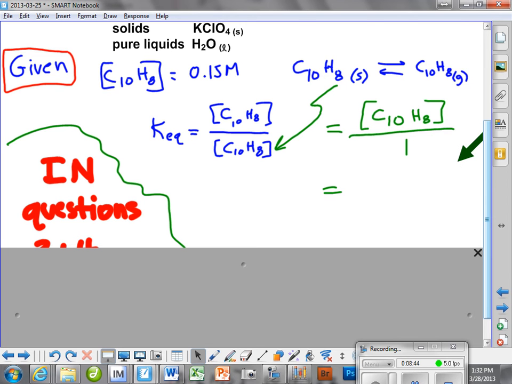So what is the top part of this side going to look like now, Ciara? We plug in the given. What's going to be on top and bottom now? Now we're plugging in the actual value of the molarity.